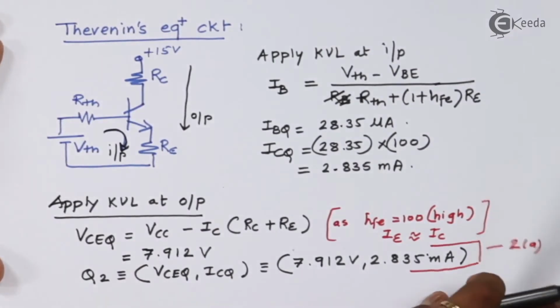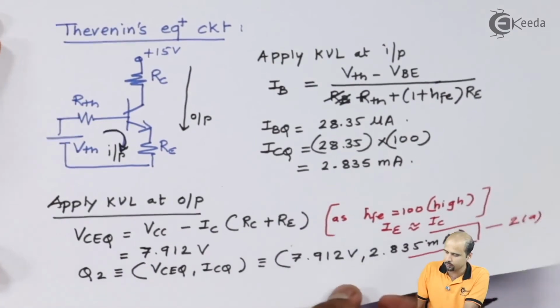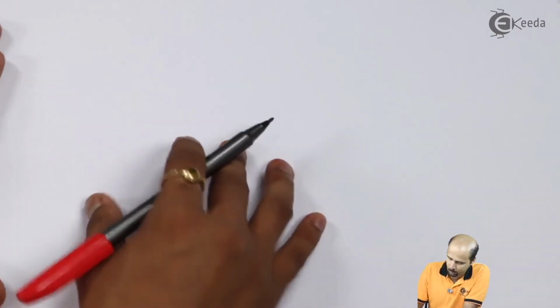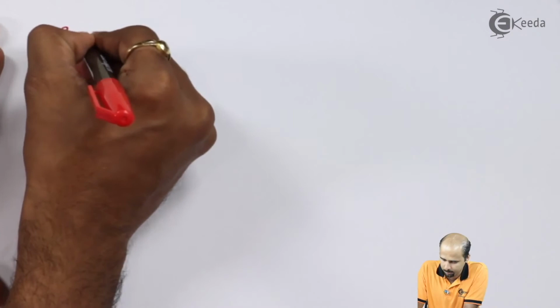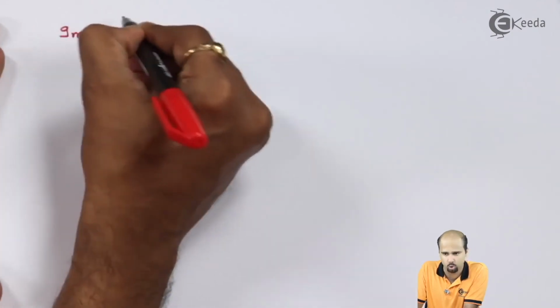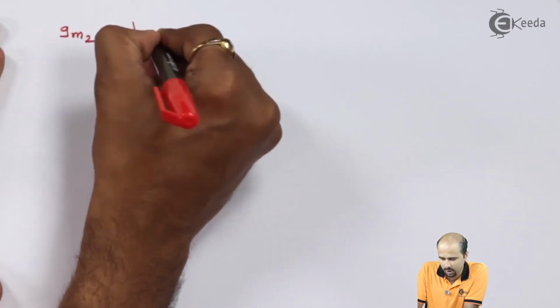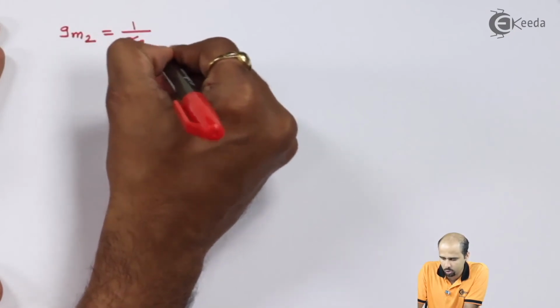Okay, now we'll again have to move further for the required parameter for AC analysis as far as stage 2 is concerned. So for stage 2 we require the value of GM2. That GM2 is nothing but 1 upon RE2, right?